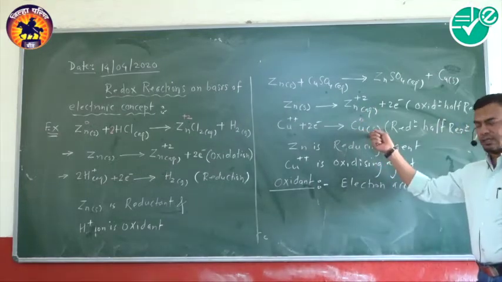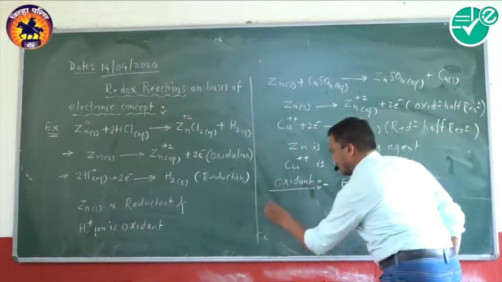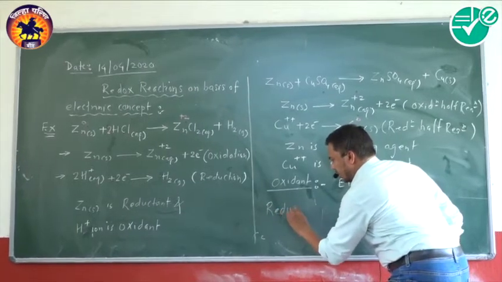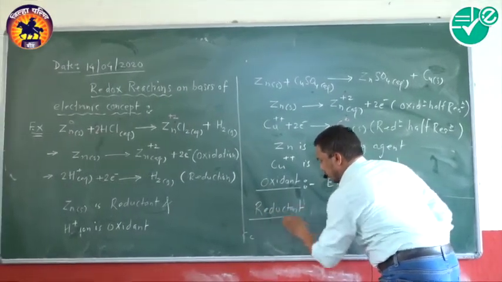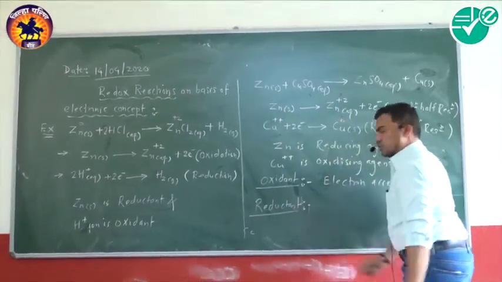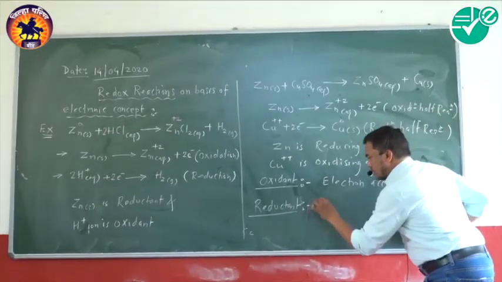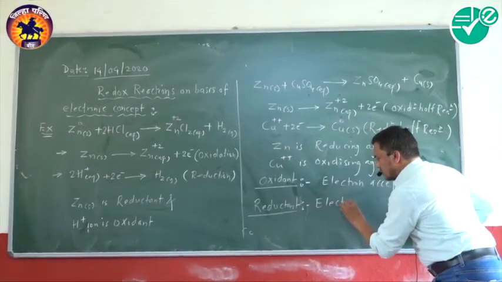It's a metal atom. Similarly, the reducing agent or reductant is defined as the species which are electron donors.